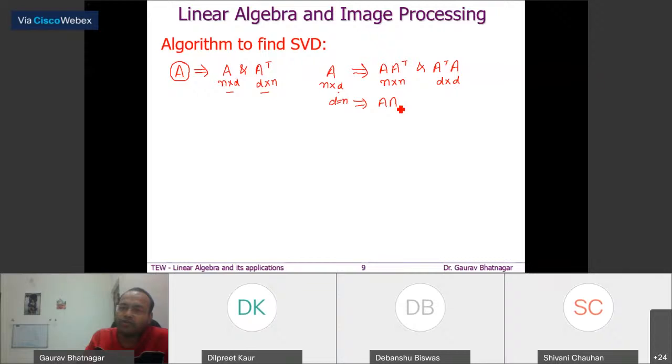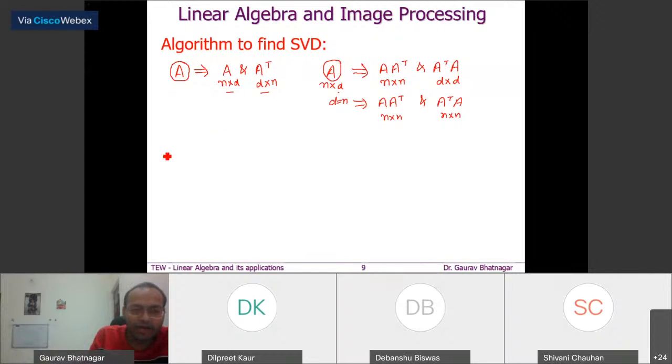Then again I am going to have two square matrices, but now of the same size. The underlying idea says, regardless of the nature of A, I am going to have two different square matrices, and now I can do anything on these two matrices which I can do for any other matrix.